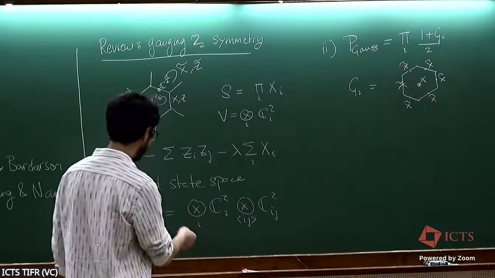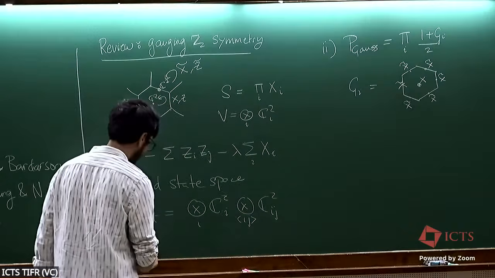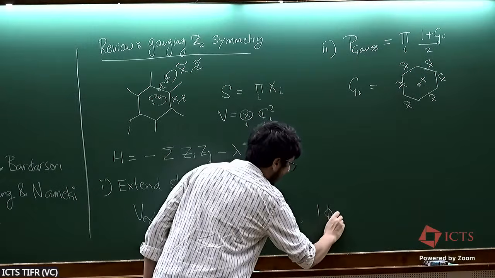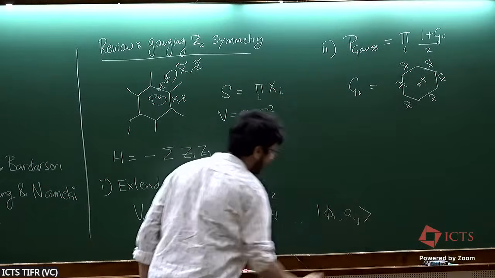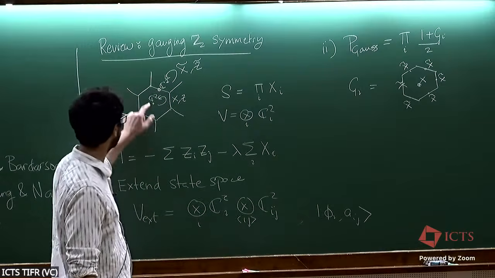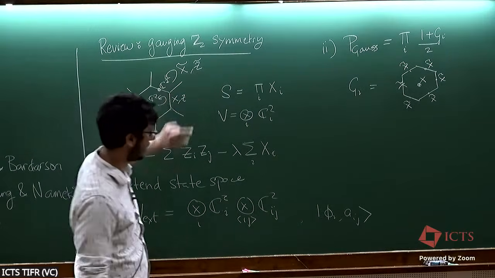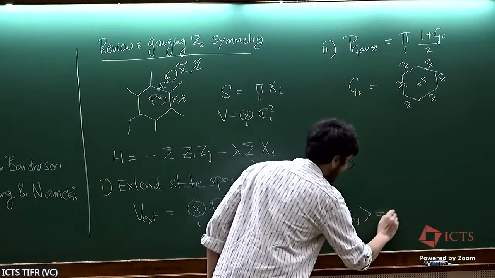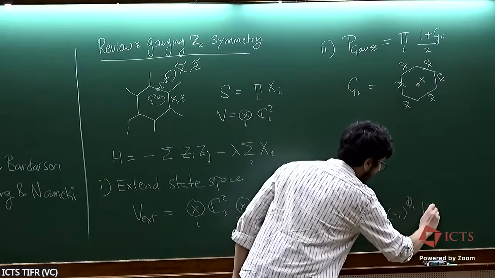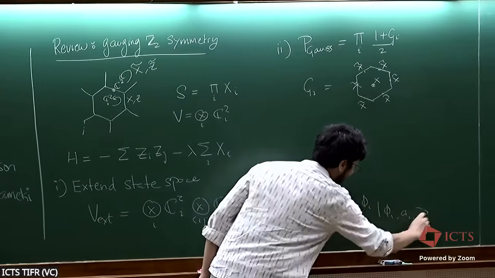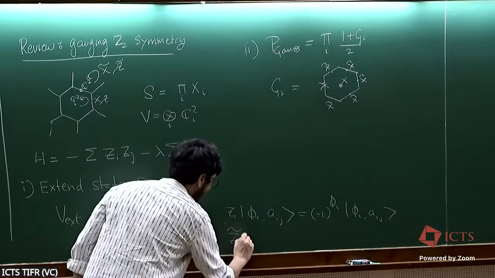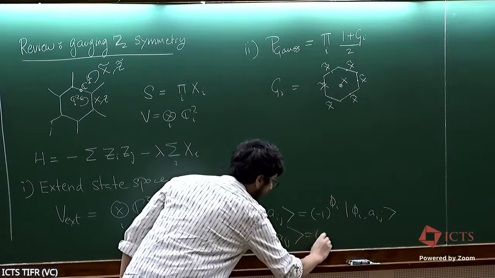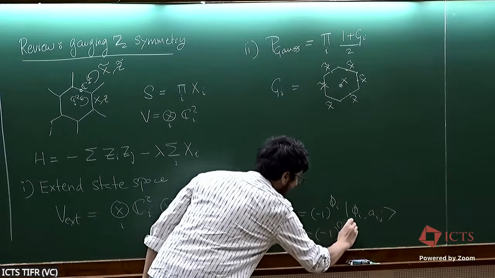So if I define a basis on this vector space, labeled by phi i and aij, I'm diagonalizing the sigma Z and Z tilde operators. So Zi is just (-1) to the phi i, and Z tilde ij is just (-1) to the aij.